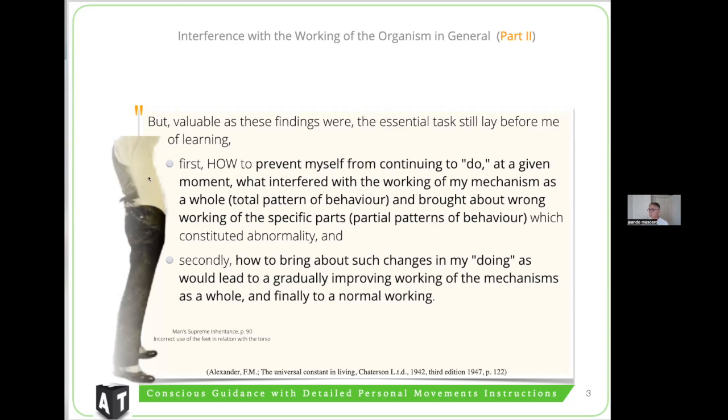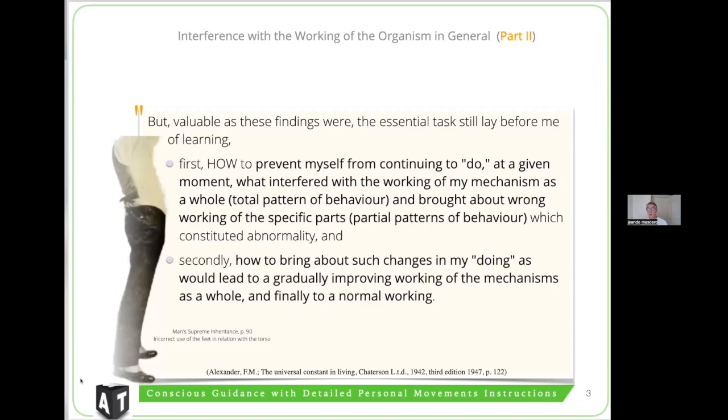We see the position of the middle torso, and we see the position of the shoulders and of the upper part of the torso. We see these positions. But you must understand that in Alexander's mind, this position and the position of the different parts are the result of combined movements of these parts.